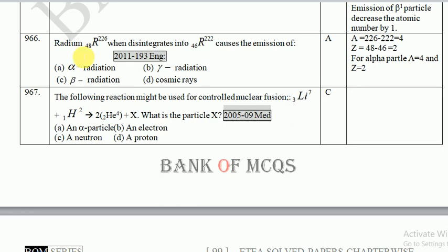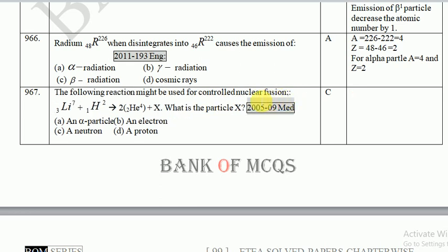The next: the following reaction might be used for controlled fusion reaction. What is the particle X? We can see that the number of protons is 3 and 1, so 4. The number of neutrons on the left side is 7 minus 3, which is equal to 4, plus 2 minus 1, which is equal to 1.